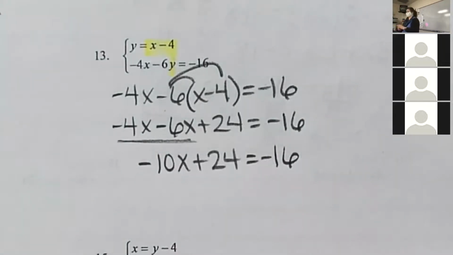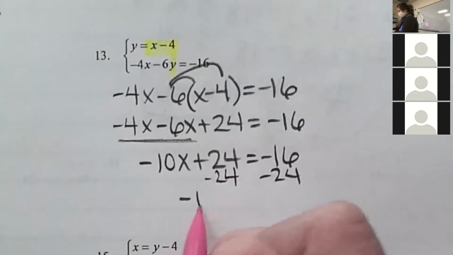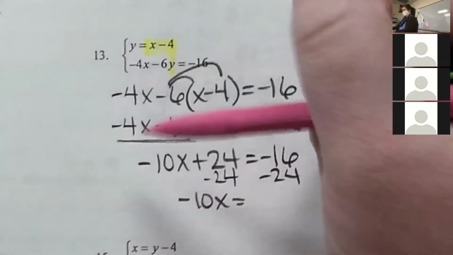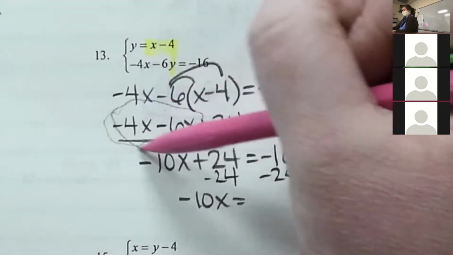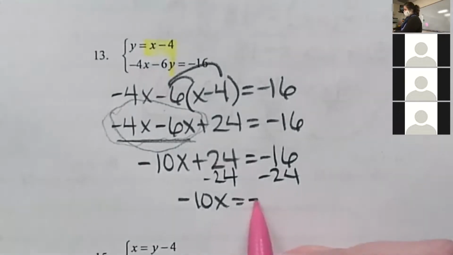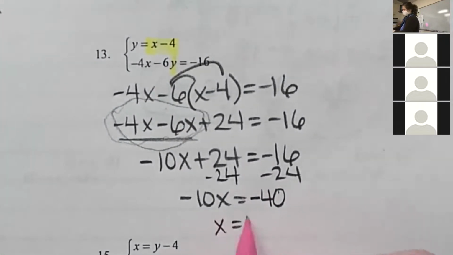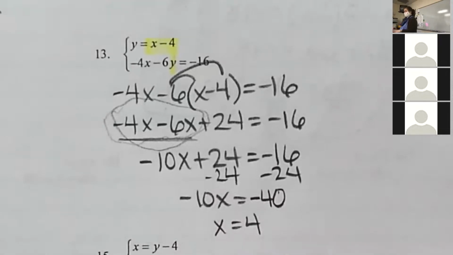Now what? Minus 24. The negative 16 minus 24 is a negative 40. So x is 4 when I divide by negative 10.